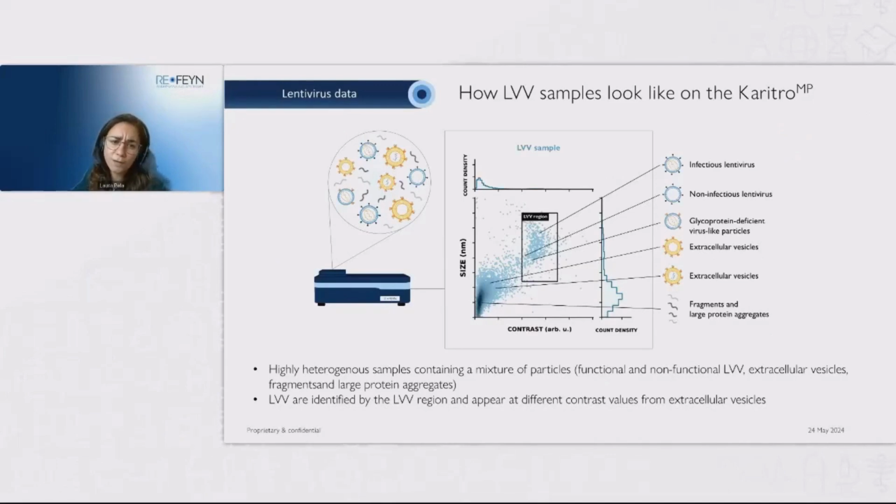So you have functional and non-functional lentiviruses, you have extracellular vesicles, fragments, large protein aggregates, all in there mixed together. And Karitro, what it can do is identify what are lentiviruses from extracellular vesicles and also fragments and protein aggregates, as you can see in the enclosed lentivirus region.